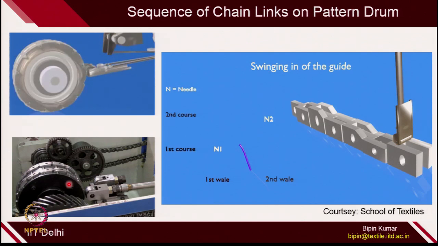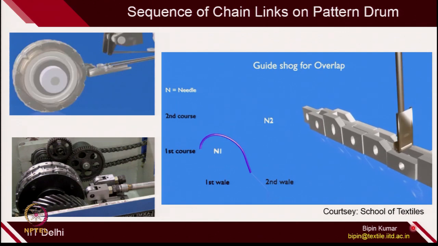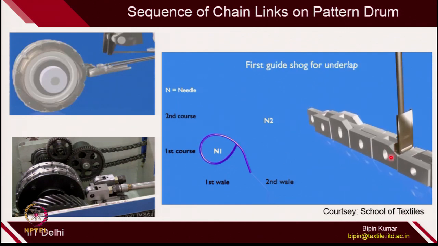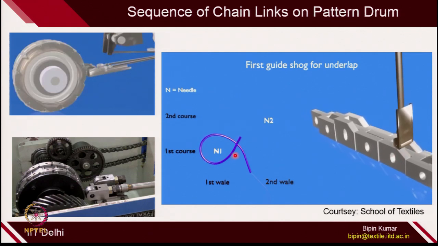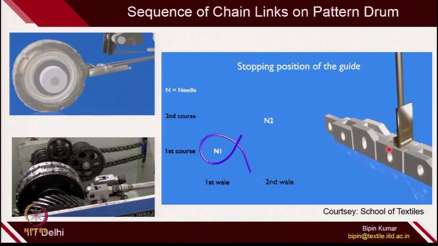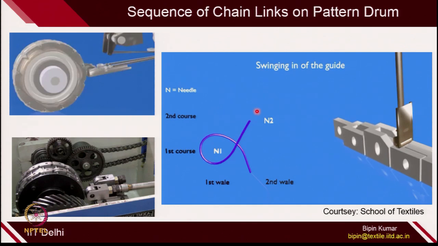So, here is a small video, courtesy of the School of Textiles for making such a beautiful video. Here you can see whenever this elevation is happening, it is doing underlap, after that it is stopping, then again elevation, it is doing overlap on the front side, you can see here.